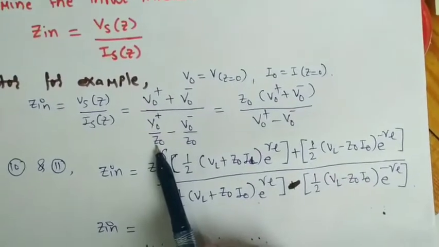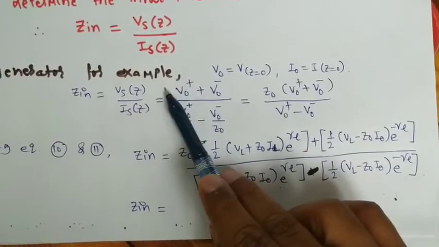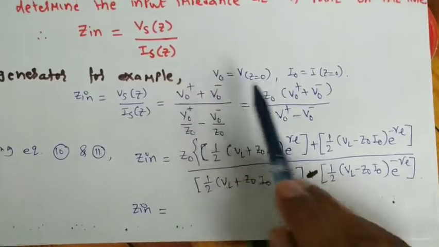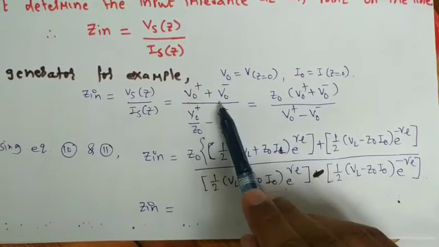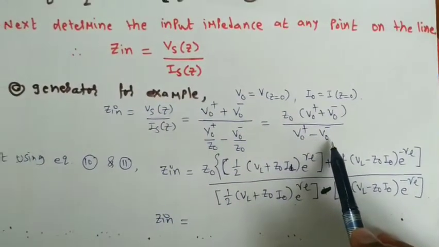If you simplify these expressions, you will find that this Z0 I can write over here: Z0 times V0 plus V0 minus over V0 plus minus V0 minus.